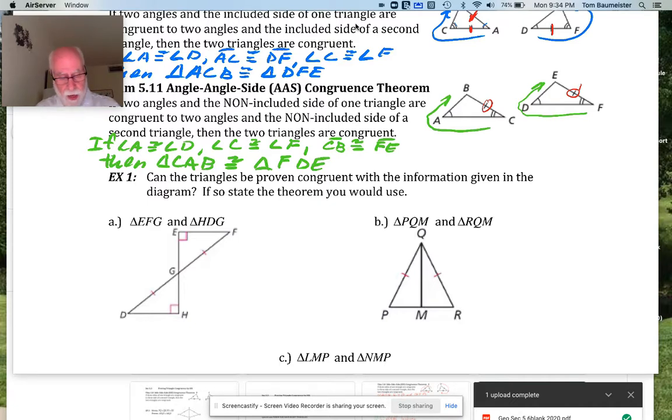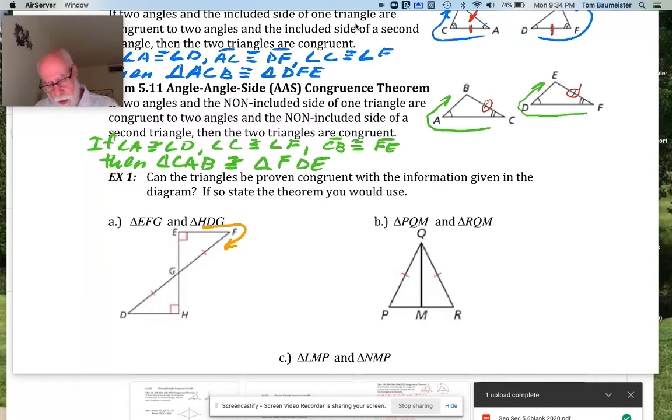So they said triangle, on the first one on A, they said EFG. So if I go EFG, look at what I have. I went to the right angle and I went to this side.